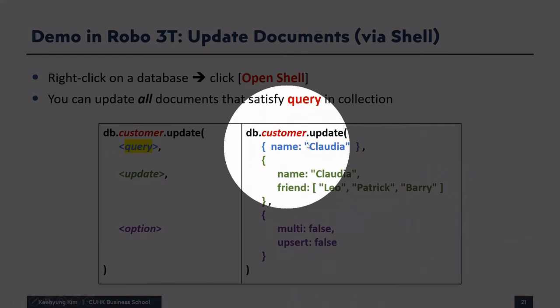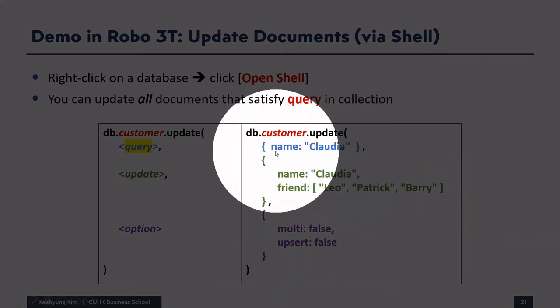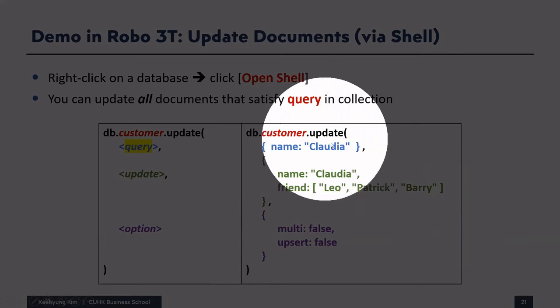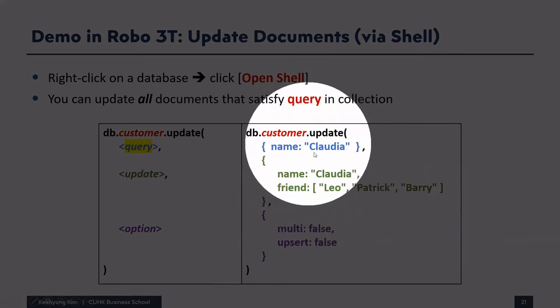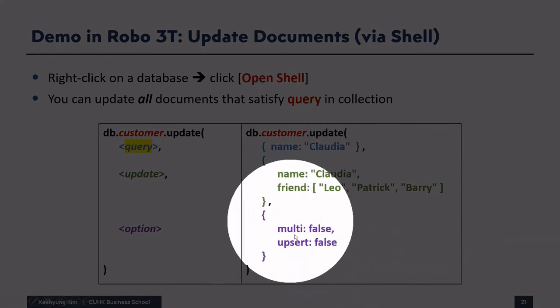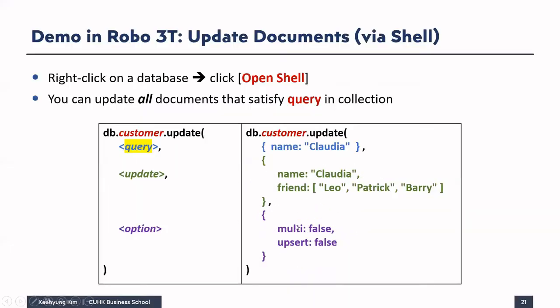In the update function, for the first part as a query, I can put name Claudia. So it finds all documents with the name Claudia, and once it finds them, updates with this document. And then the option is set here. But I'll skip this for now because we are going to talk more about this in the next class.